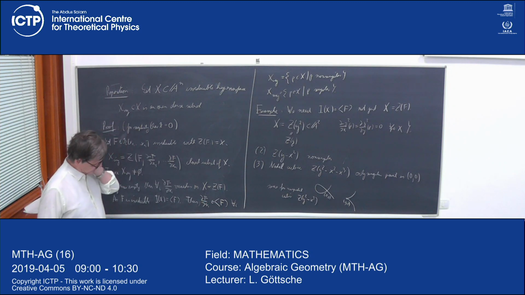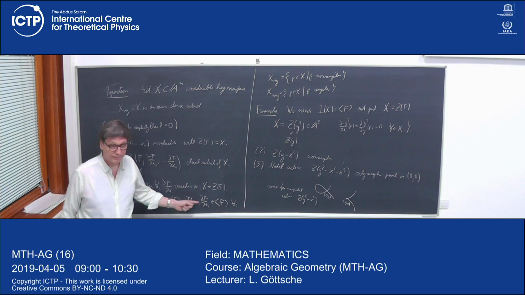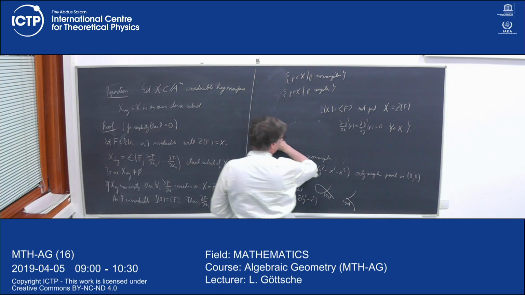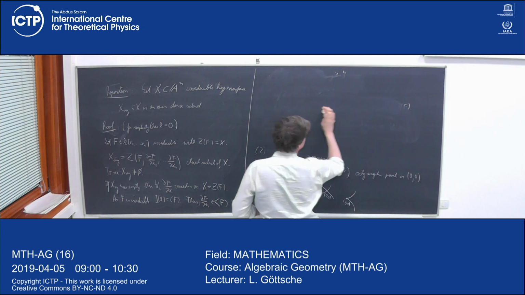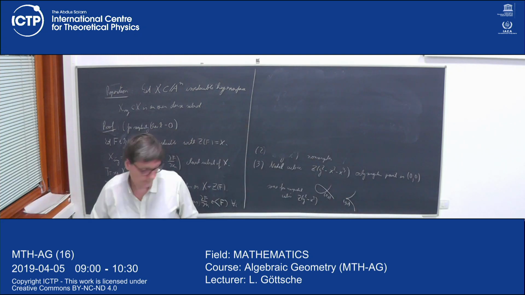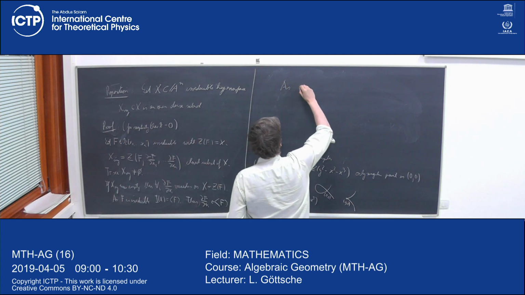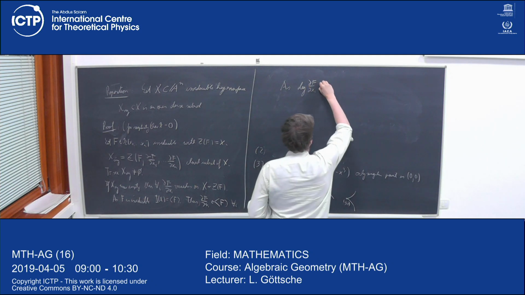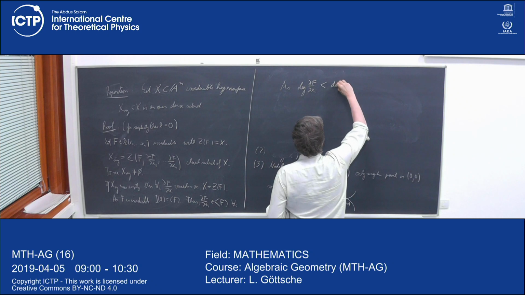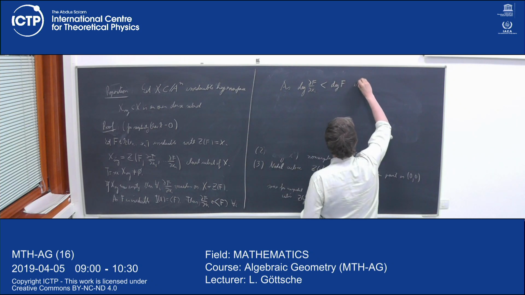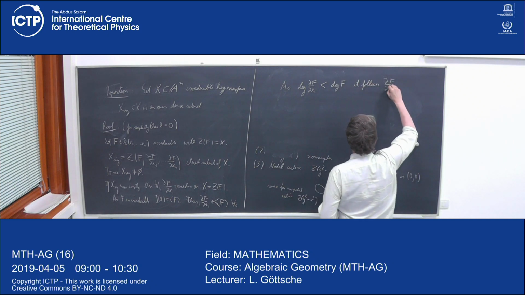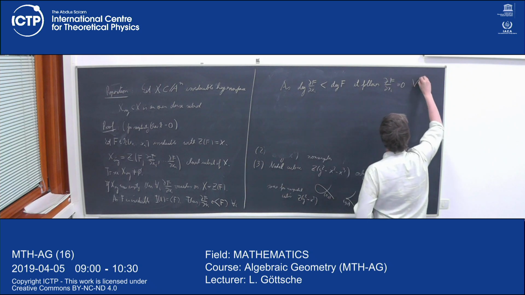So it can only be a multiple of f if it is 0. So as the degree of df by dxi is strictly smaller than the degree of f, it follows that df by dxi is equal to 0 for all i.